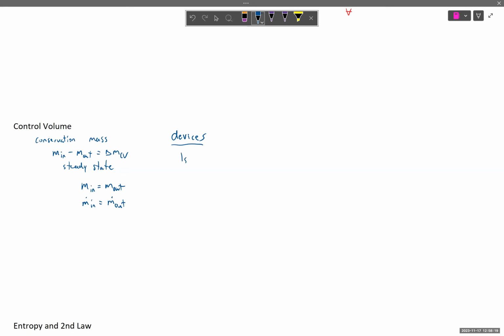So we said first law applied to these different devices is Q dot, W dot, and then we connected U plus work on the fluid into H, so it became H dot.